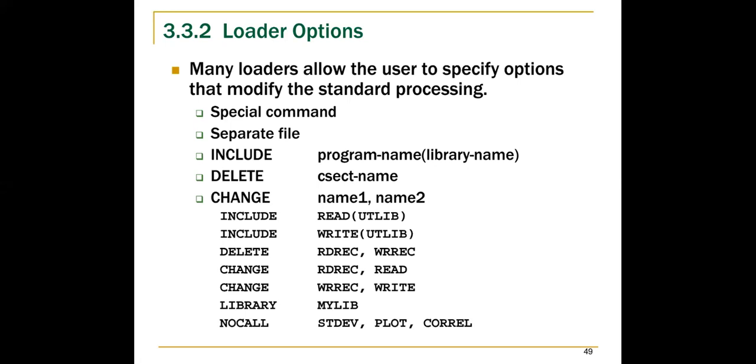So this hash include is an instruction or an option given to the loader. When it sees this hash include, it comes to know that it has to include the stdio.h header file.